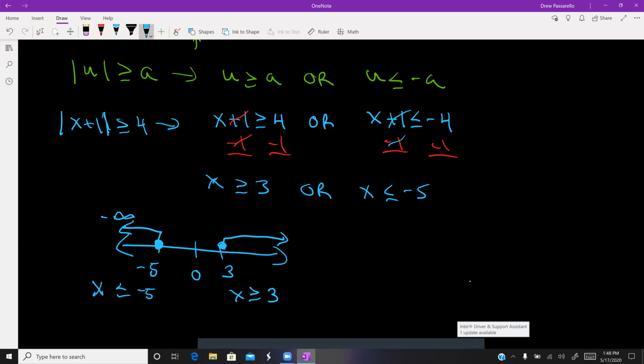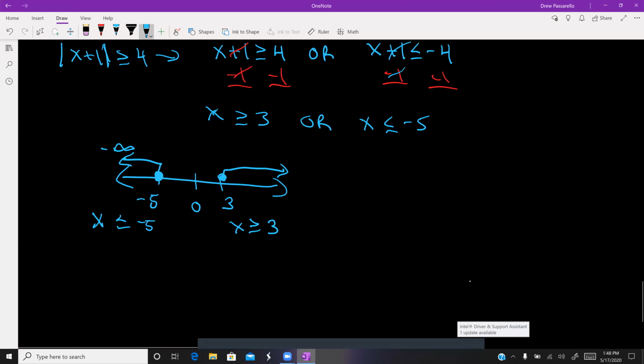All right, so that's just a way to envision the solution as an interval, because that's what they're going to want. You go left to right on the number line. So the first case was less than or equal to negative 5. So that goes from negative infinity to negative 5. And I put a bracket around it because of the equal to part of the inequality sign. And since there's an or, we're conjoining the two, I'm going to use the union sign.